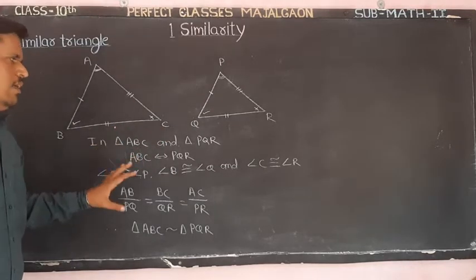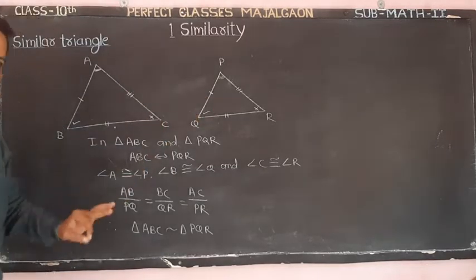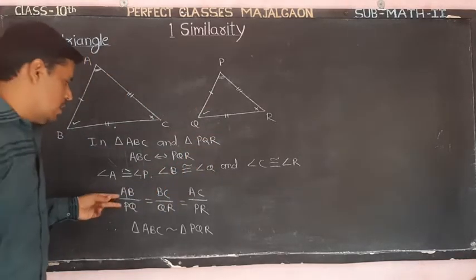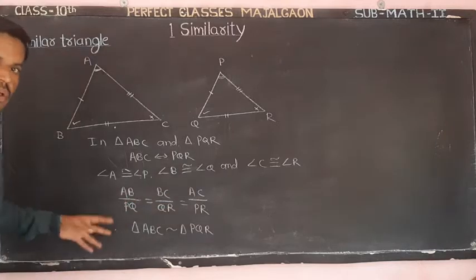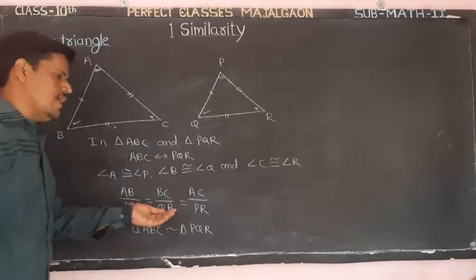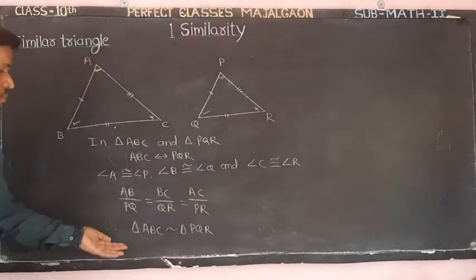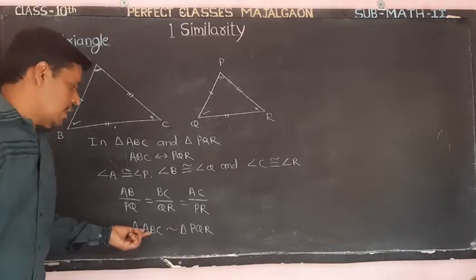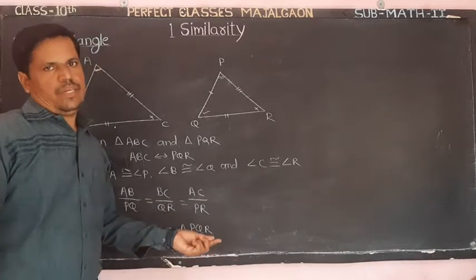In these two triangles the corresponding angles are congruent and the corresponding sides are in proportion. Therefore the ratio of all sides is the same. This is called sides in proportion. These two triangles are similar and they are denoted by, or read as, triangle ABC similar to triangle PQR.